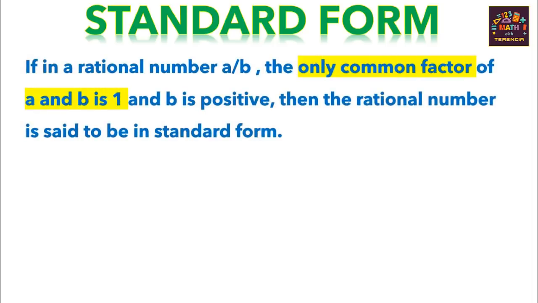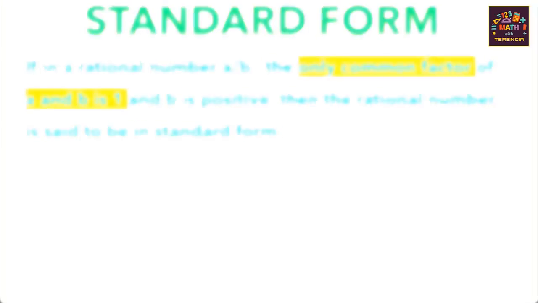So now let's see the standard form, how to represent rational numbers in the standard form. If in a rational number, the only common factor of the numerator and the denominator is 1, then the number is said to be in the standard form.